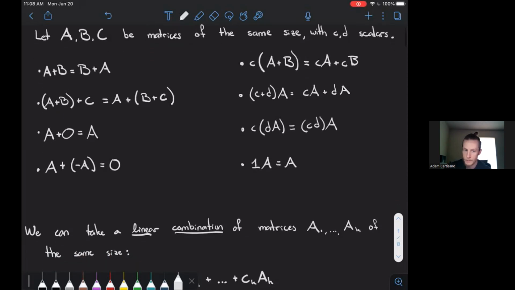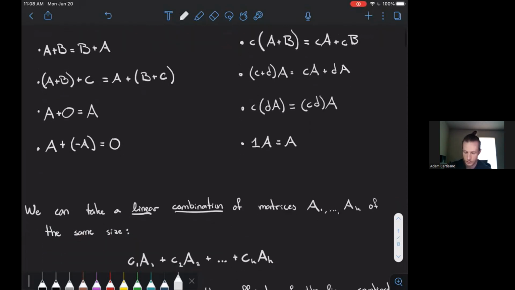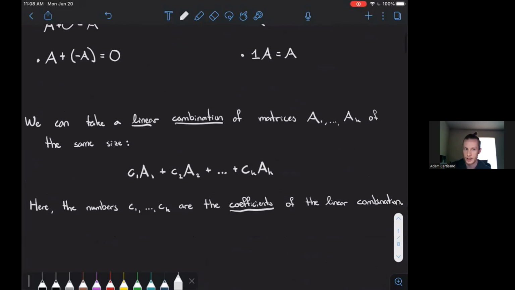Another thing that we can do is take a linear combination of a bunch of matrices that are all the same size. So let A1, A2, A3, all the way up to Ak be matrices that are the same size. Then a linear combination of those matrices is c1A1 plus c2A2 all the way up to ckAk, where the numbers c1 through ck are coefficients of the linear combination. So you scale each matrix and then add all the scaled matrices together.